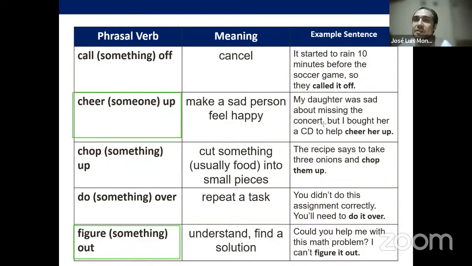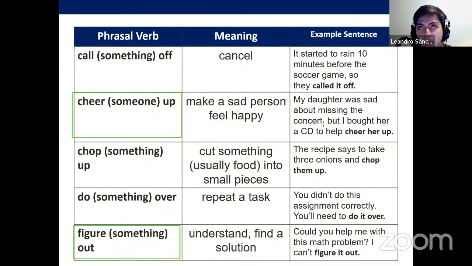It depends. If it's past, you can say when I got back or when I returned. Okay, when I got back, he cheered her up. Okay, but here is a girl, right?